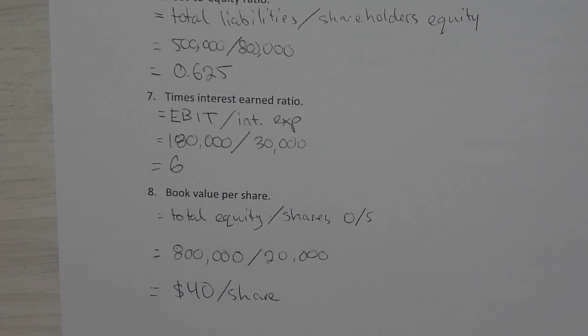And if the preferred equity is given, then we subtract it from the equity, right? In this question, it's not given.